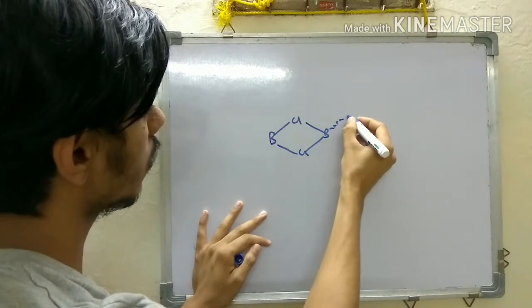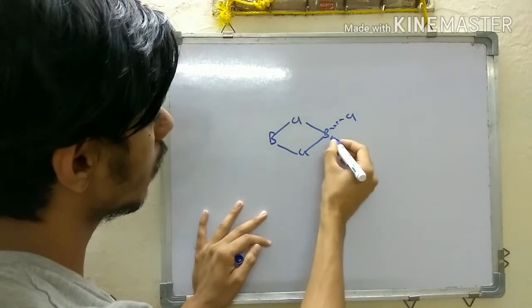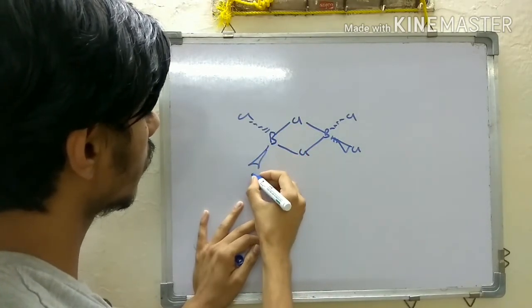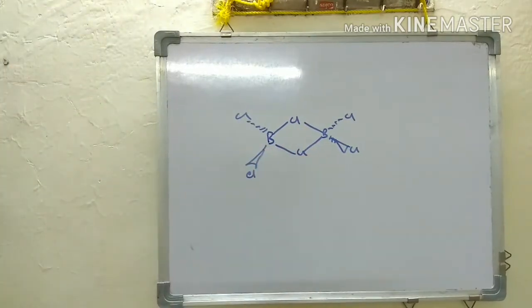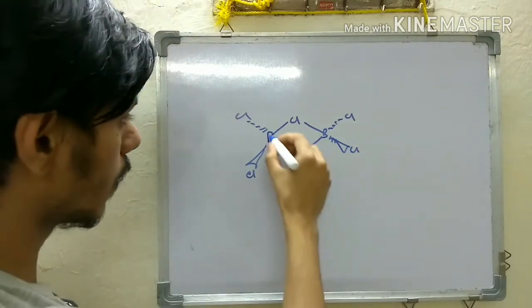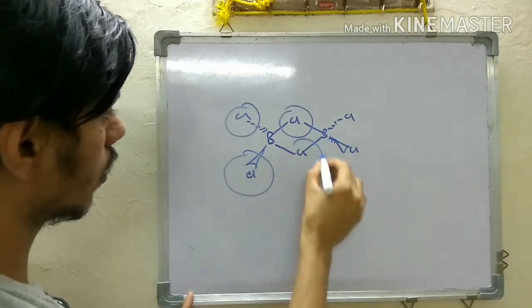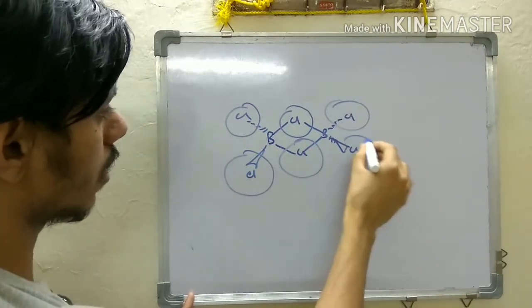You can write this on the board, but it is not favorable because these are very bulky, and this dimer will not be a favorable structure.